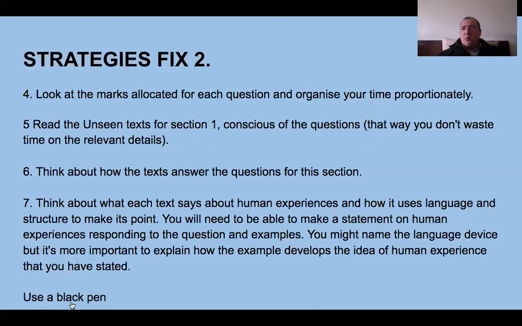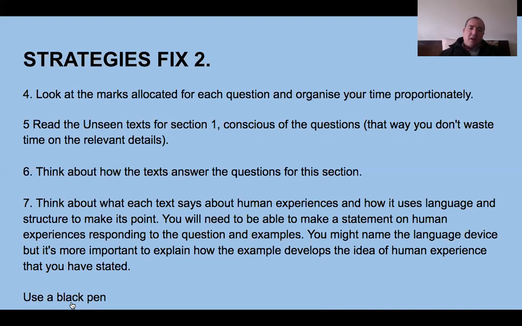So if I say, well, they use a metaphor here, they use personification. Well, so what? The identification is a lower order question, but the analysis of that identification is higher order. So try to push yourself and always ask yourself, so what? Let me go a little bit further.